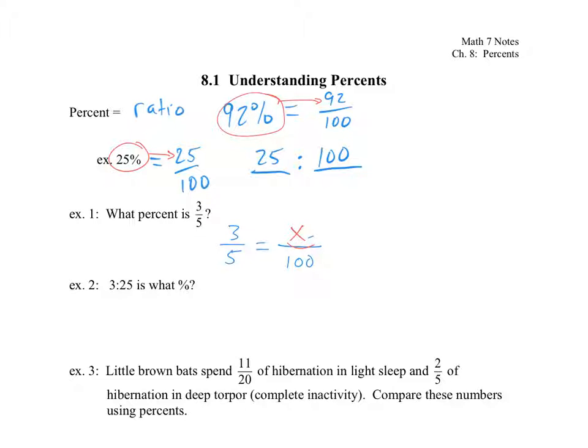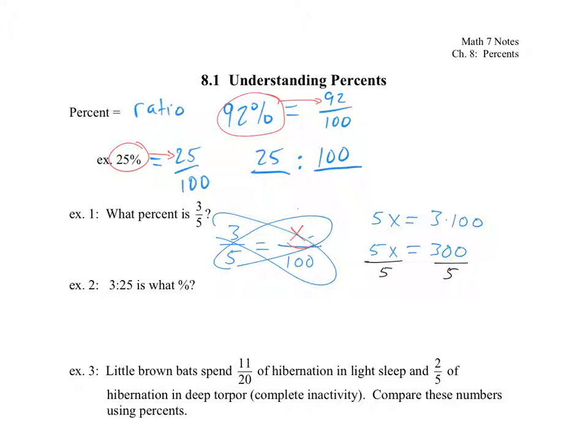So we do 5 times X, cross multiply, equals 3 times 100. I'm going to show all the steps, but by now a lot of you are maybe shortening it up a little bit. So 5X equals 300. If we want to find X, we just cross multiply and divide.